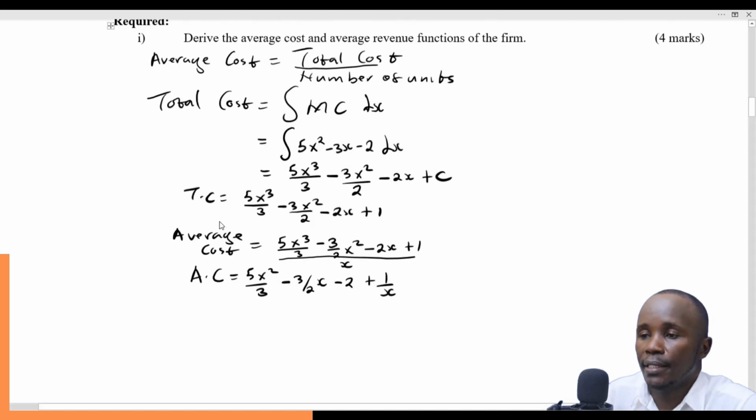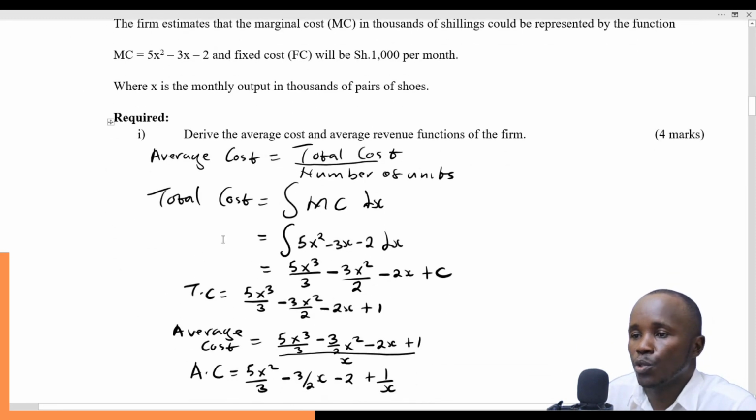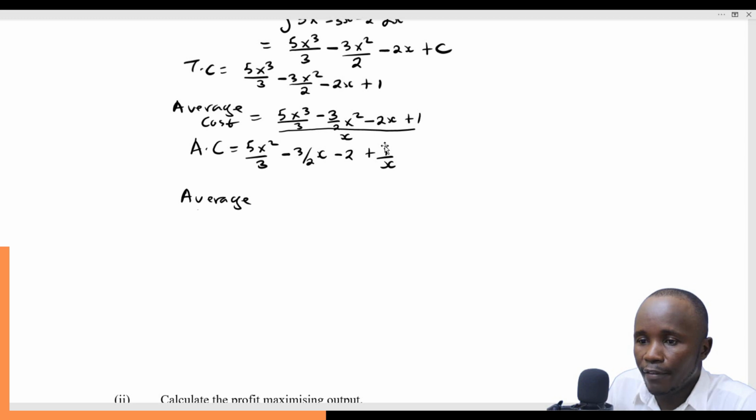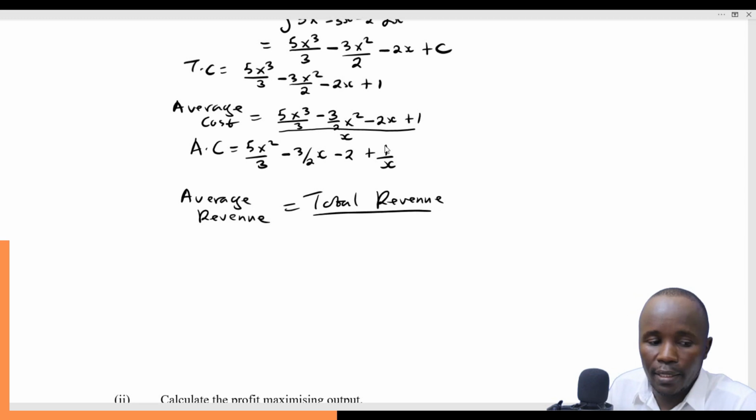The second part you're supposed to look for is the average revenue. Average revenue is total revenue divided by the total units.